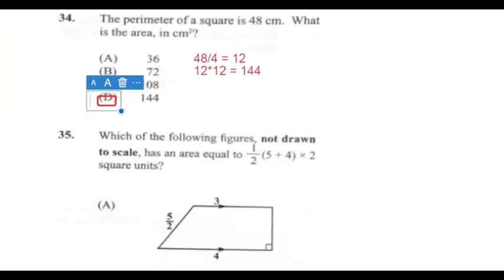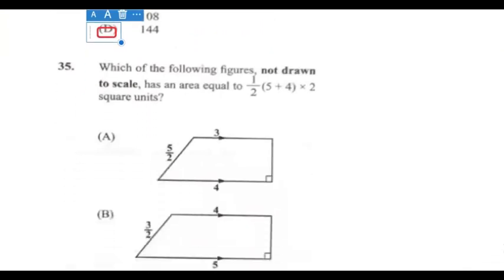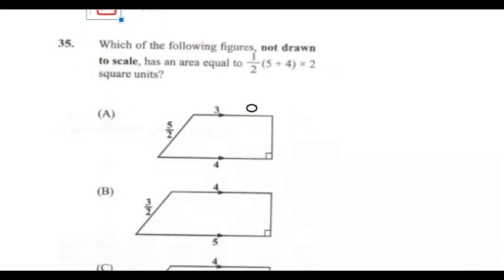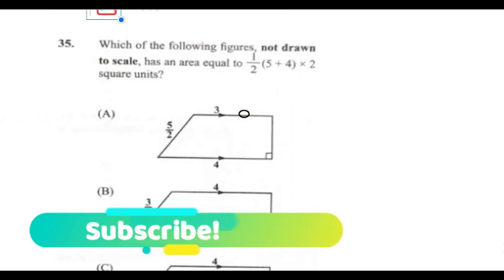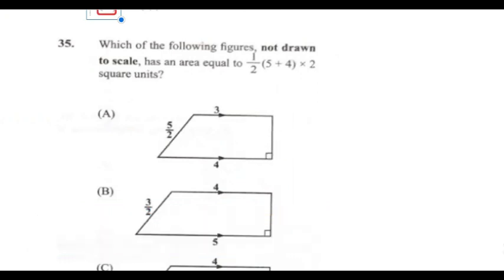35, which of the following figures, not drawn to scale, has an area equal to this, which is half multiplied by 5 plus 4 times 2. And remember, this is from the formula half times (A plus B) multiplied by height, where A and B are the parallel sides. So we need a figure showing 5 and 4 with a height of 2.